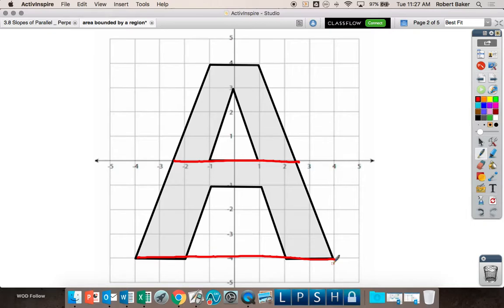So that's trapezoid minus triangle and then trapezoid minus trapezoid. So for this trapezoid, what's the base? Eight. What's the base of this trapezoid?